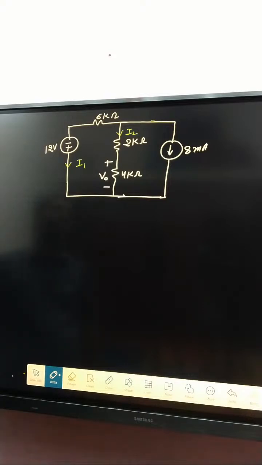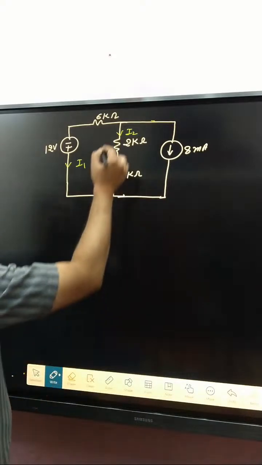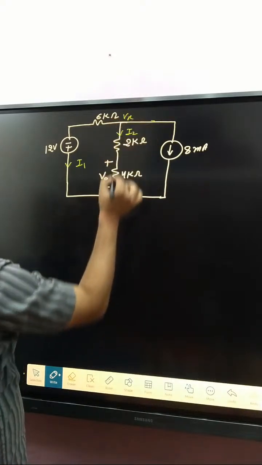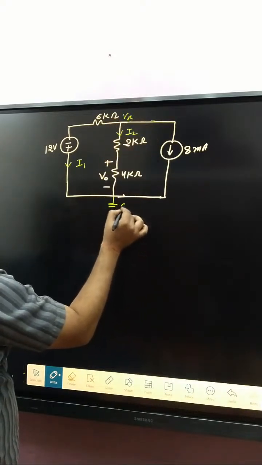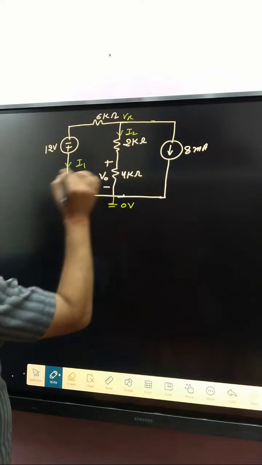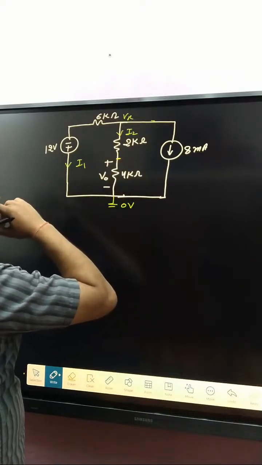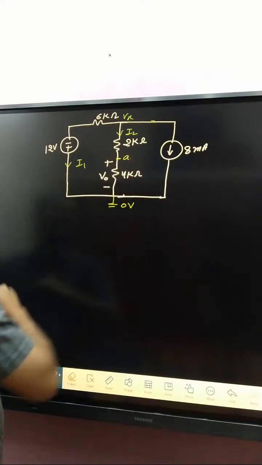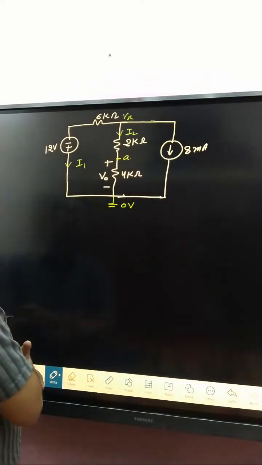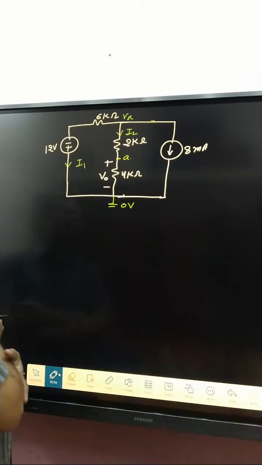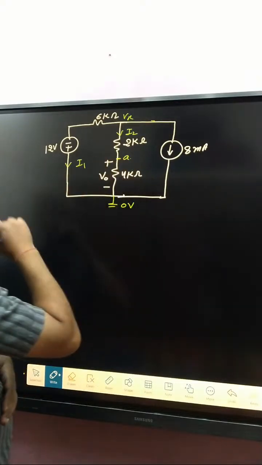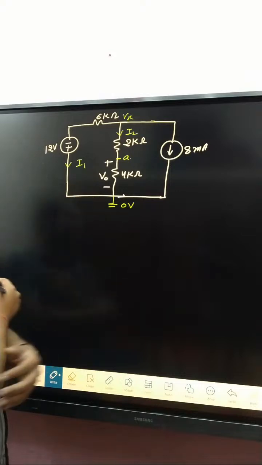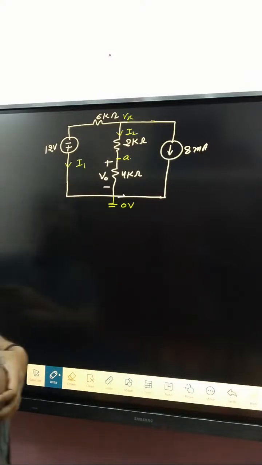After that, the node voltage here is Vx, and that one is 0 voltage. If you suppose that point is A, then what about that point's voltage? VA is equal to V naught or other.